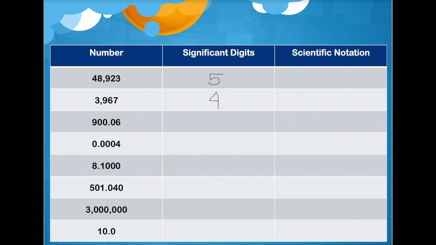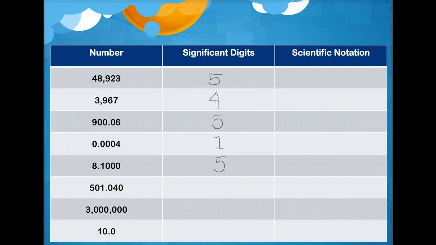Okay, how many do you think this one has? Okay, this one has 5 significant digits. And how many does this one have? 1 significant digit. And this one? 5 significant digits.